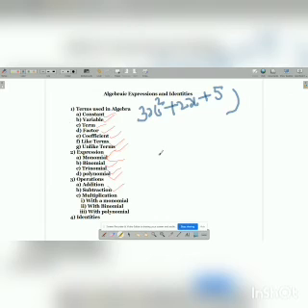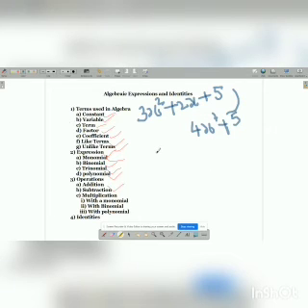You need to add this with 4x square plus 5. Okay. So first I'll do it in the vertical method and then in the horizontal method.